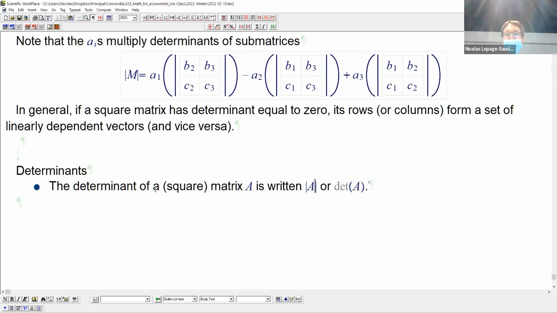But I usually use this notation for a one by one matrix. That would be like this, for instance.